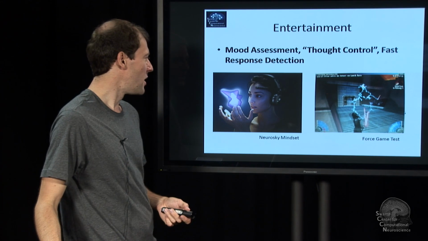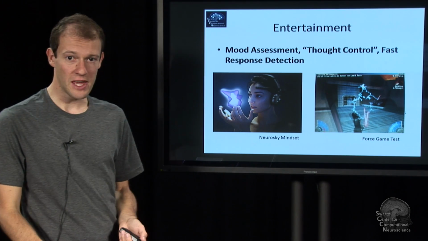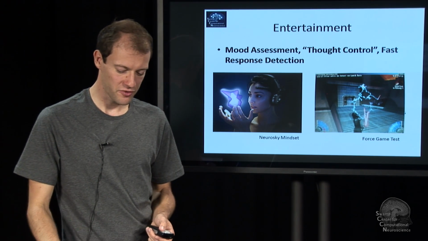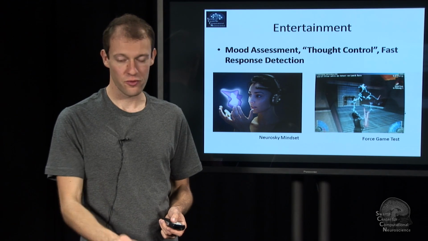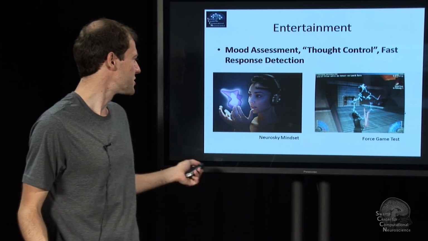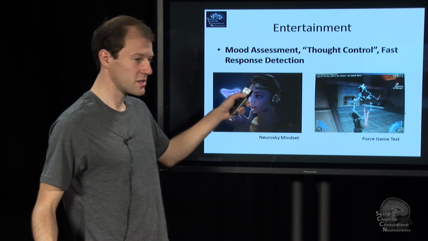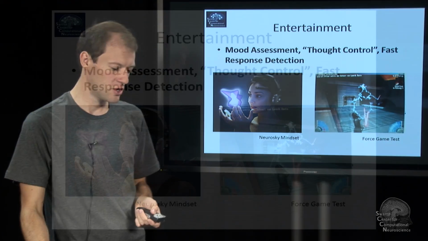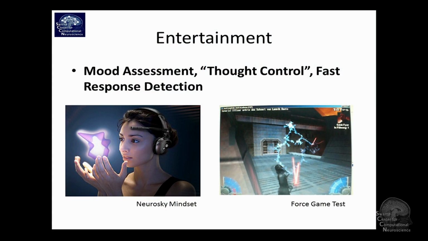Looking at some other areas, there's of course gaming, and this is one of the areas where BCIs were first to market among all BCIs for healthy populations. So there's now headsets like this Neuroscience mindset, which give you some measure of relaxation maybe, or some measure of focus, they call it.